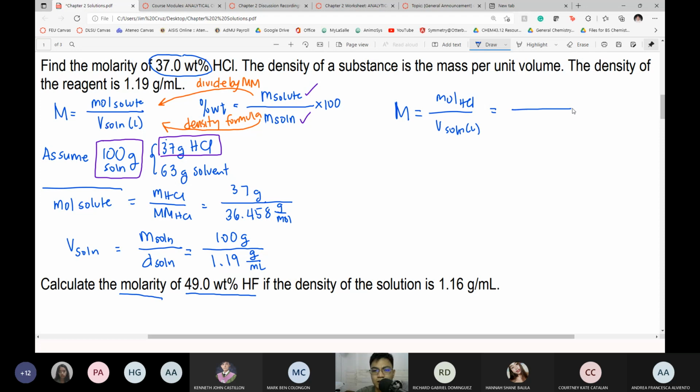For the mole, I will just copy everything. So, 37 divided by 36.458. And then for the volume of the solution, I will just copy that. 100 grams divided by 1.19.